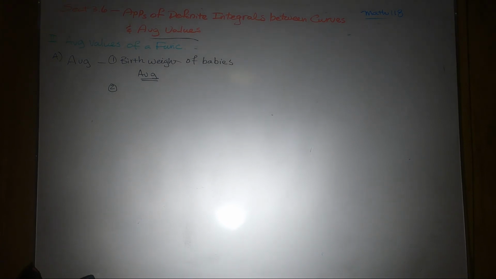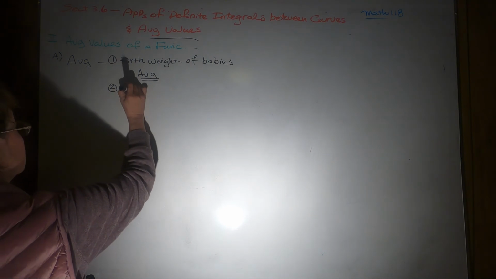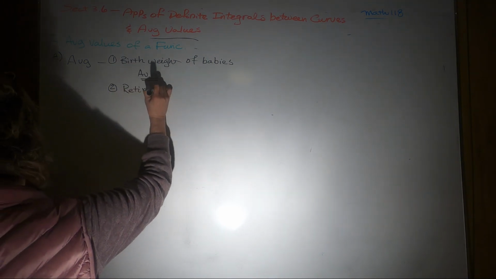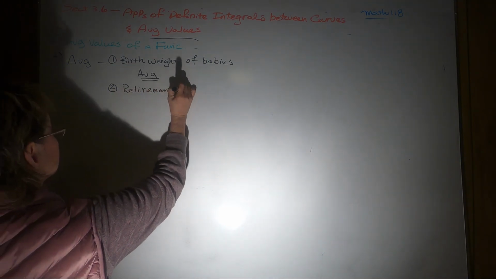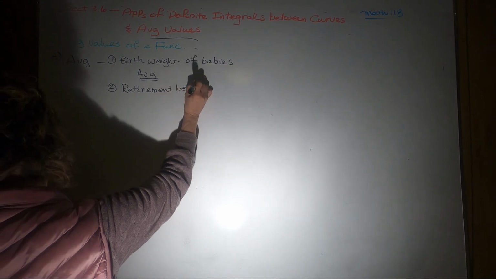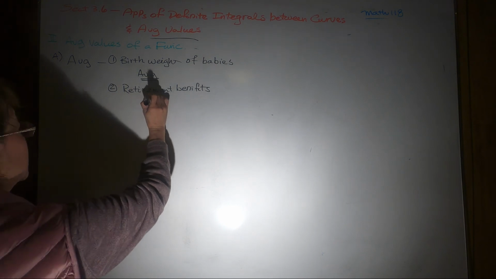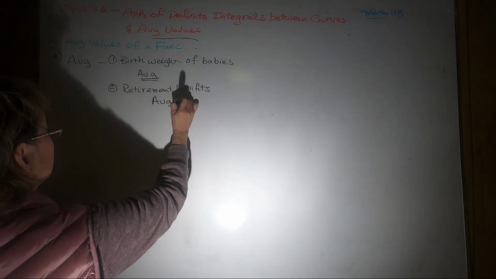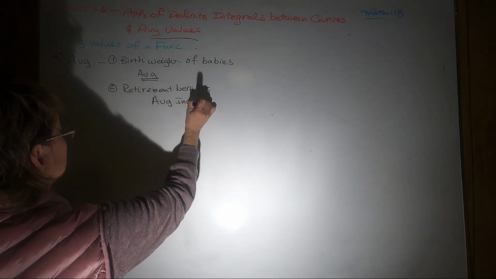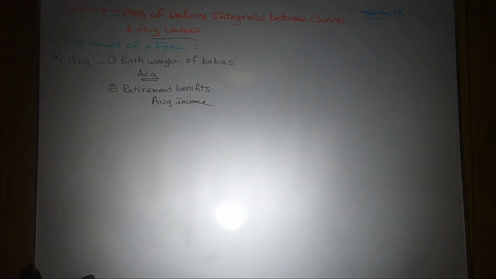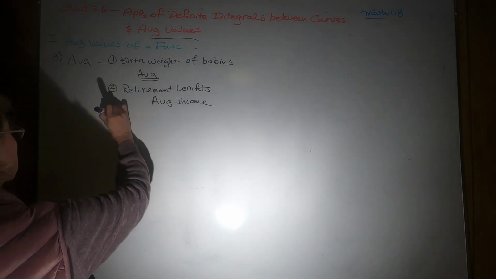Another one we use quite often is the retirement benefit. Retirement benefits are determined by average income. So compared with the average income, for your retirement benefits, you figure out, okay, am I doing okay or should I be concerned?